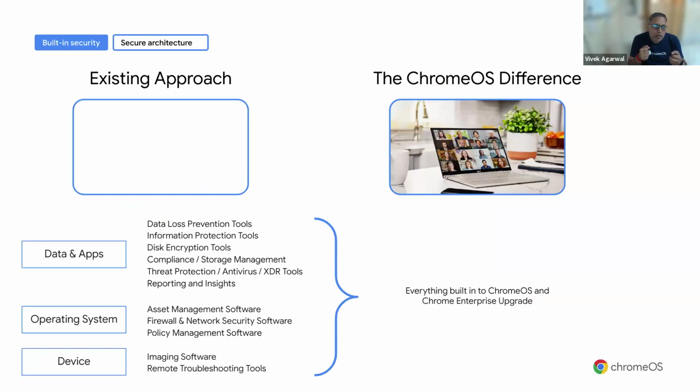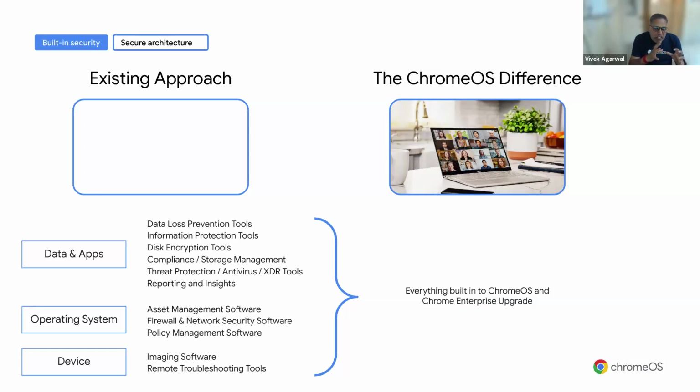If you look at our existing approaches today, you take a device, you have an imaging software or troubleshooting tools, and you put the operating system on the device. With the operating system, you also have to have all the other tools for asset management, policy management software, and group policy objects. And then comes your data and application layer, where you're constantly adding agents and software on the device for encryption, for antivirus or threat protection, for EDR, XDR, for reporting or insights, or even for DLP, right?